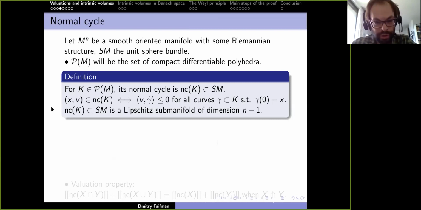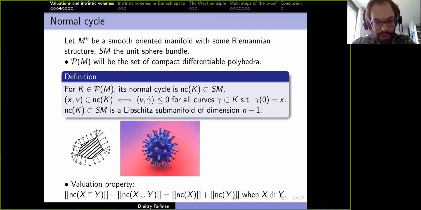So I have here the pictures. You've been seeing a lot of normal cycles recently all over the place. That's what they look like, pointing outward. And notice that it has a fixed dimension, n-1, which is independent of the dimension of K. Somehow, if you have more of the base manifold, then there are fewer normals, right? And it works together to give you a Lipschitz submanifold of the sphere bundle, which has dimension n-1.